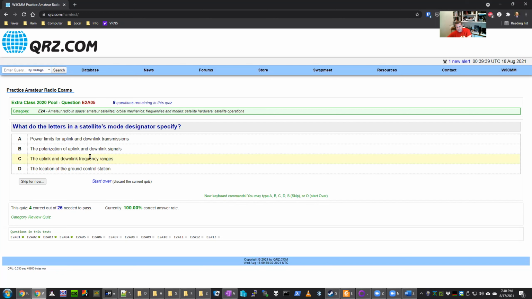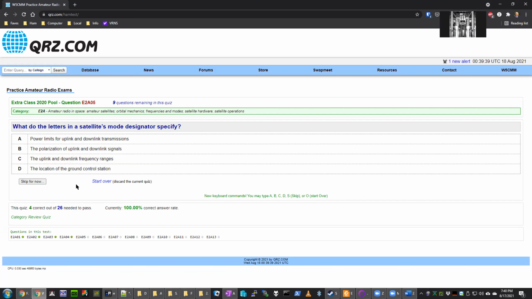If it's UV, then the uplink is UHF and the downlink is VHF. VU, uplink would be VHF and the downlink would be UHF, because all the satellites transmit and receive on different bands. So it's strictly telling you what band the uplink and the downlink is going to be on. It's that simple.